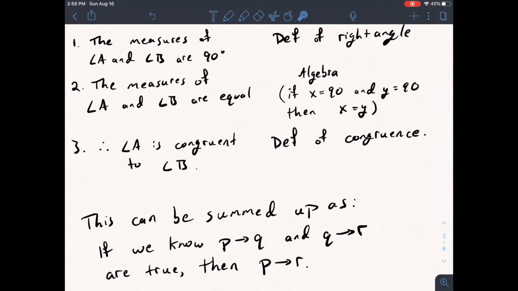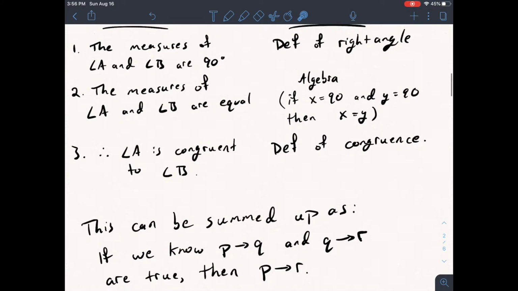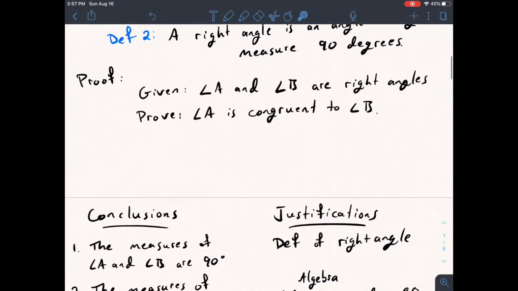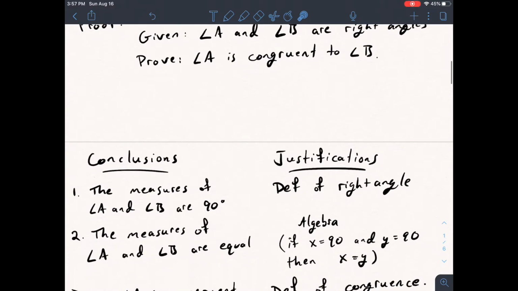All right, how is that appearing in this proof? What is P, what is Q, what is R? Well, we're trying to prove that if angle A and angle B are right angles, then angle A is congruent to angle B. So this is going to be our P, and this is actually going to be our R, and then our Q should be like the middleman here.